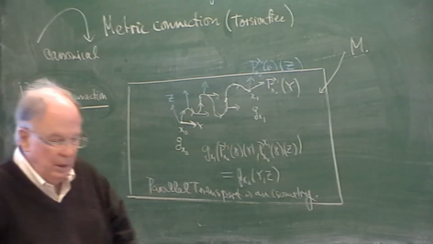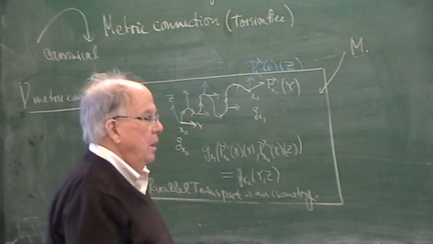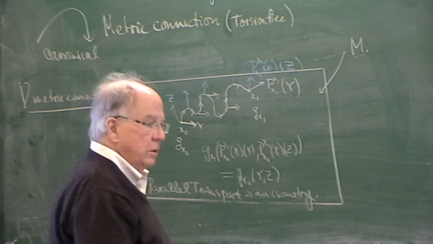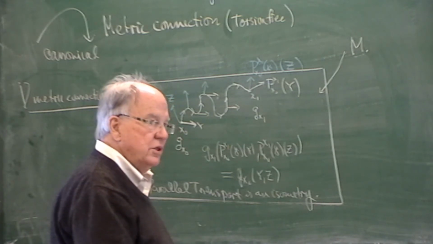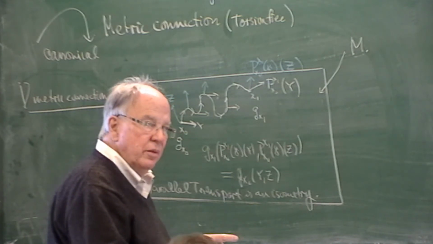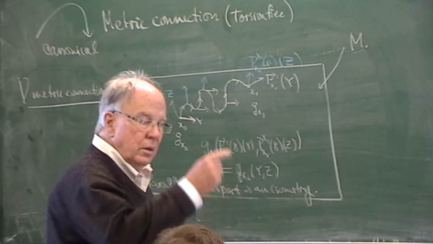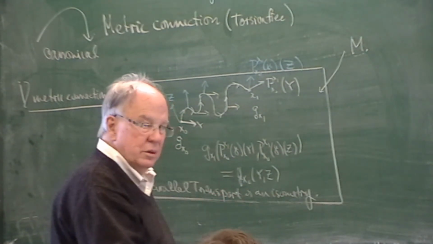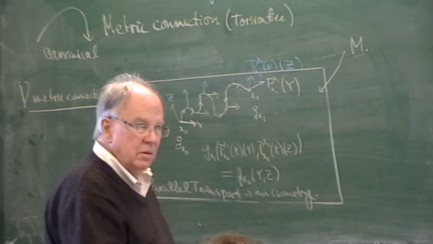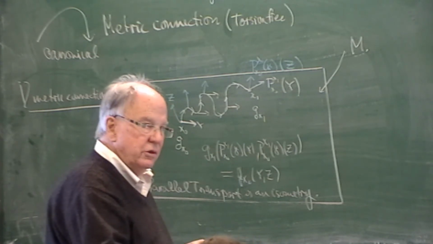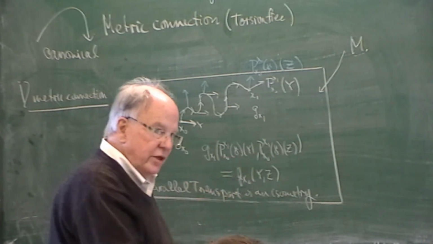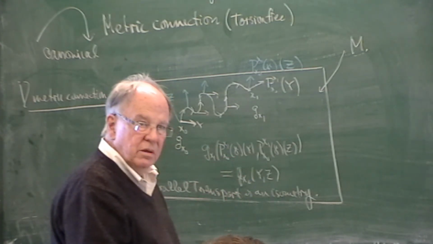Okay? So, I've gone to about the limiting time. I just want to say the words again that you need to keep in mind. Manifold, tangent vector, vector field. All of that's just manifold stuff. Put these in a bundle. Tangent bundle, that's key.